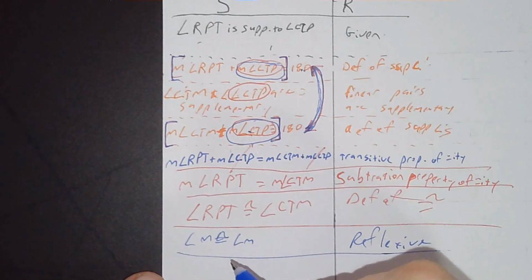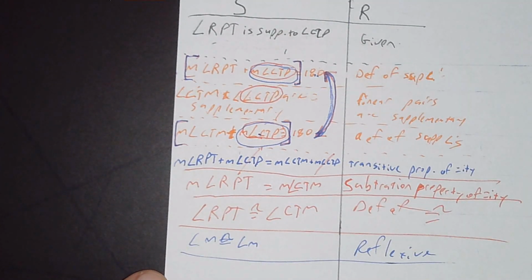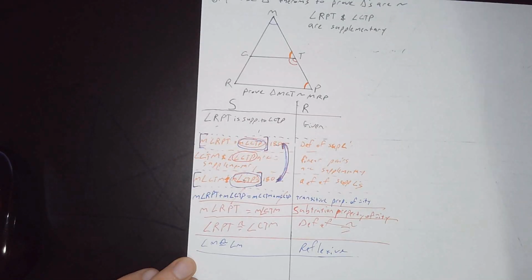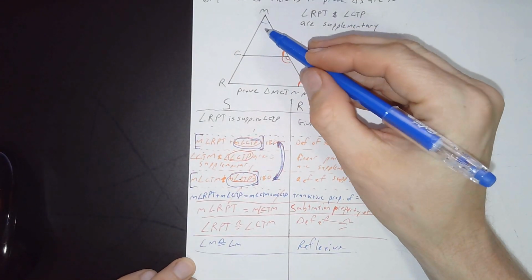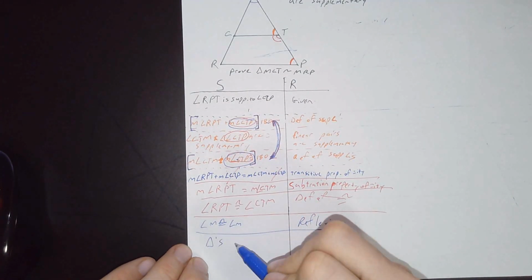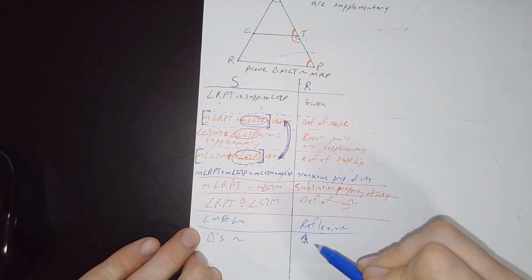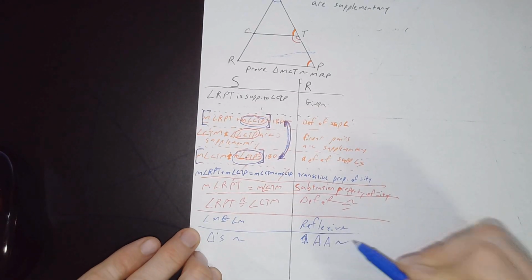And then now you can say that the two triangles, yep, that's congruent to itself. Now you can say the two triangles are similar because of angle similarity.